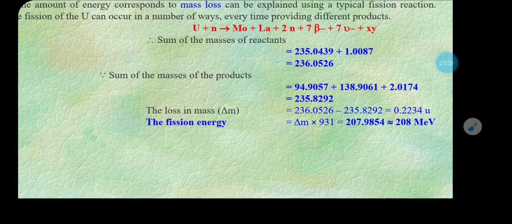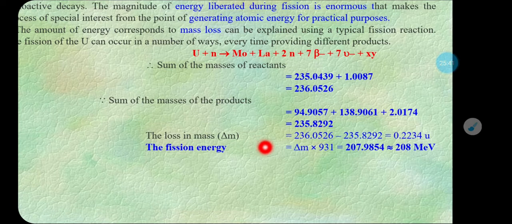So the loss in mass, delta m, is equal to 236.0526 minus this mass, that means mass of reactants minus mass of products. So the mass loss from reactants to products is 0.2234 unit.